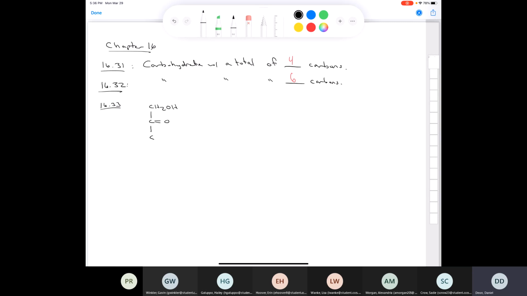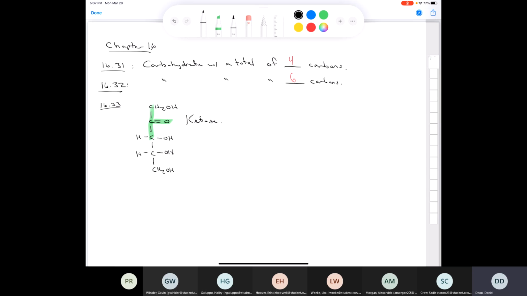So we have 1, 2, 3, 4, 5 carbons like this, and then we have hydroxyls here, and then we put hydrogens like that. So again, this functional group in here is a ketone, but we call this a ketose. And I know you all know the structure of D-glucose, and we'll probably take a look at that in a second.